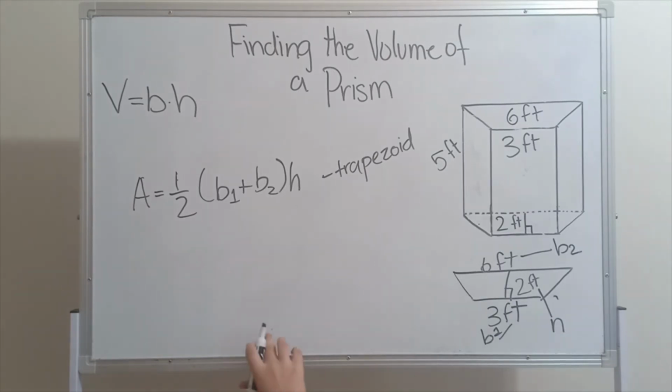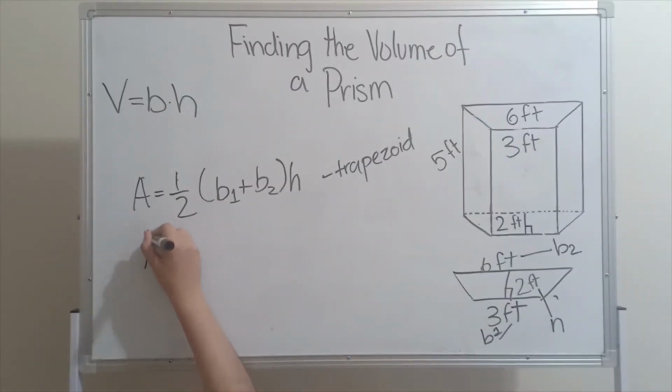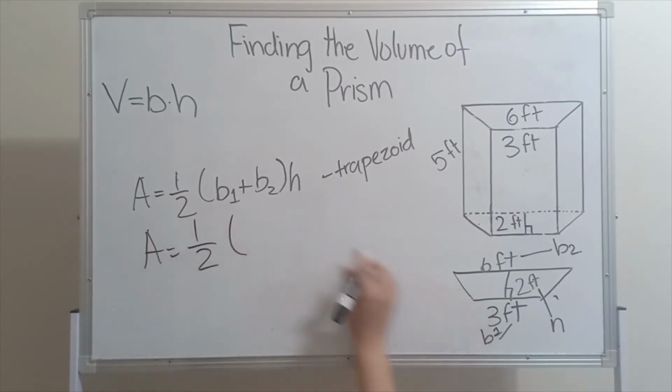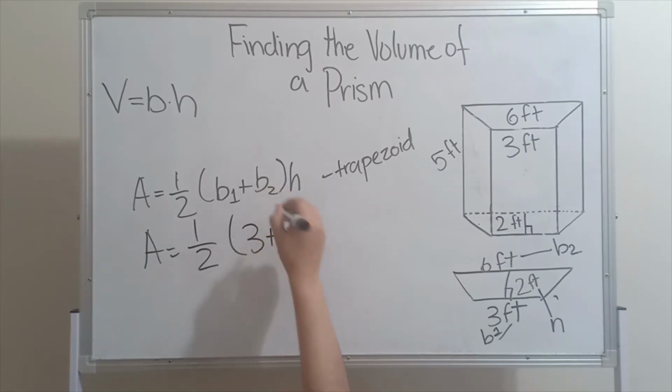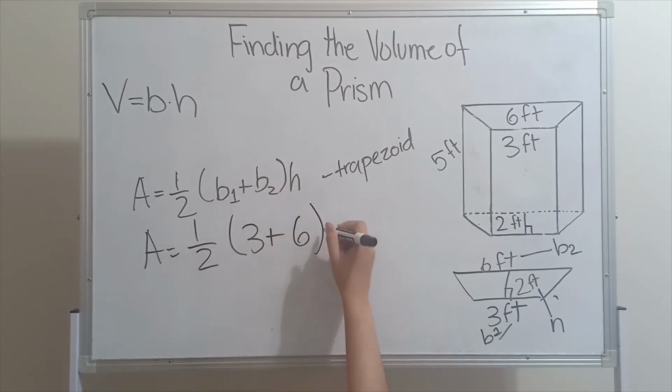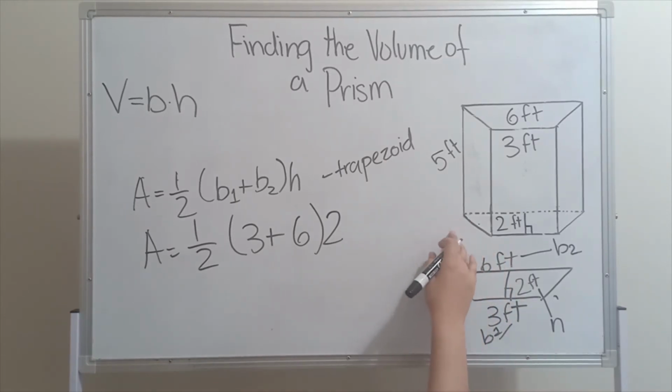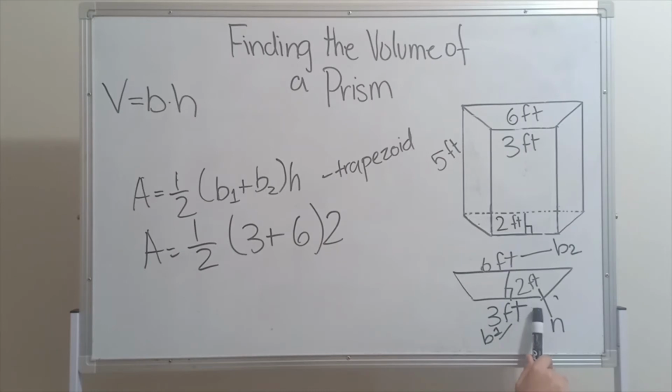Now we can substitute those values in, so we will have area equals 1/2 times base 1, which is 3 feet, plus base 2, which is 6 feet, times the height of the trapezoid, which is 2 feet. We are going to use the height of the trapezoid, not the whole prism that we are given, so you don't get confused. We need the base 1, base 2, and height of the trapezoid that we are trying to find the area of.